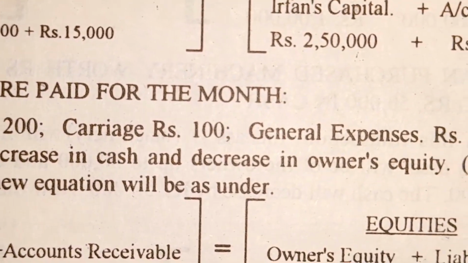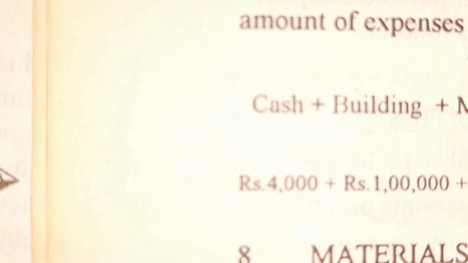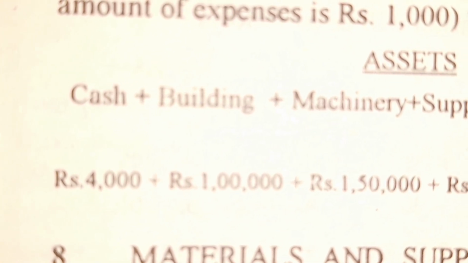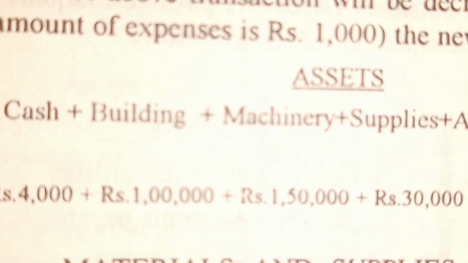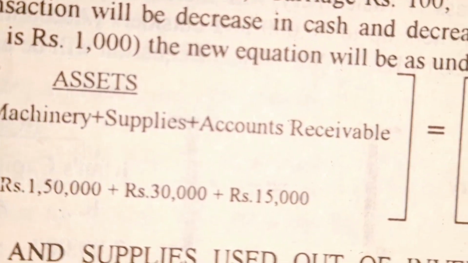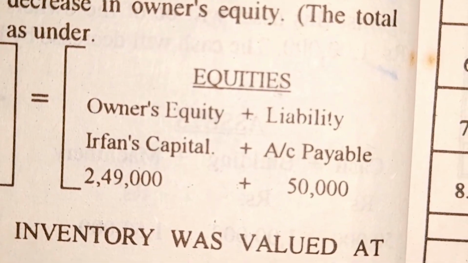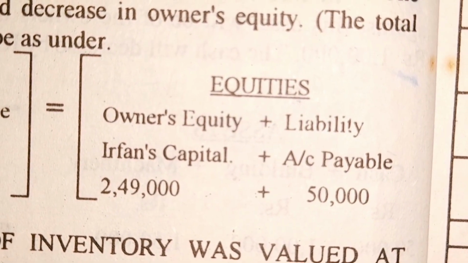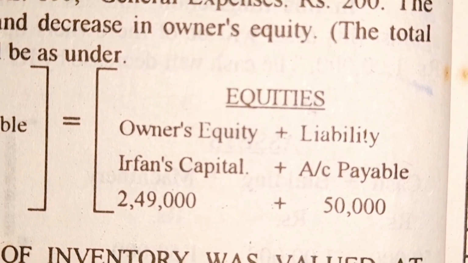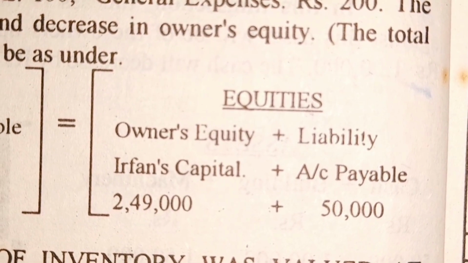Assets, cash rupees 4,000, building rupees 1 lakh, machinery rupees 1,50,000, supplies rupees 30,000, accounts receivable rupees 15,000 is equal to equities, owner's equity, Irfan's capital rupees 2,49,000, liability, accounts payable 50,000.